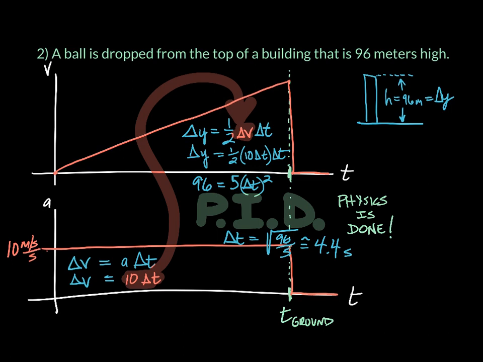So now we have obtained this piece of the puzzle: it took 4.4 seconds for a ball to fall as far as a football field is long, because 96 meters is essentially 100 yards.